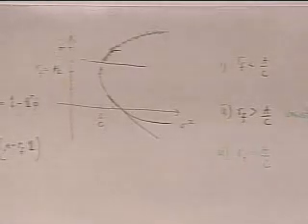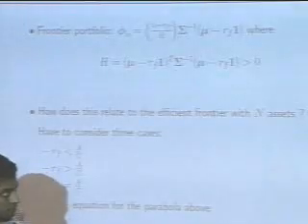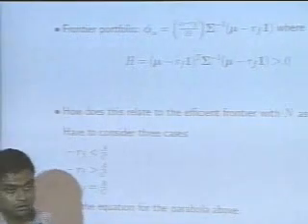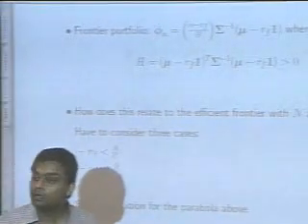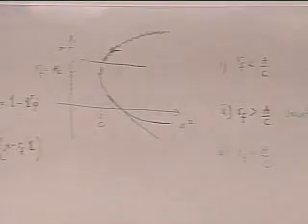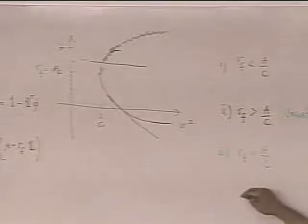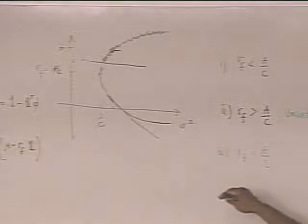So what will I do? In this particular case, what happens is that you hold a net zero position. This is again not very interesting. You hold a net zero position in the risky assets and invest in the risk-free asset. That's it.